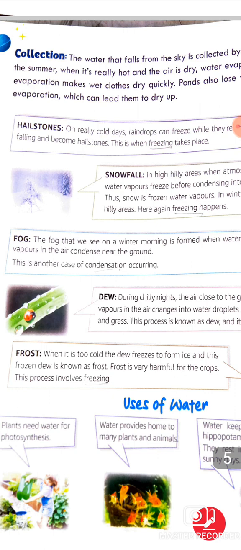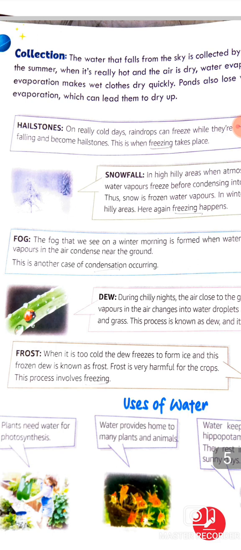Meaning the water droplets, the liquid state of water, freeze into ice. So the dew changes into frost. When it is very cold, then dew, which is water droplets, changes into ice form, and this ice form is known as frost. So in easy language you may say frost is the frozen form of dew.